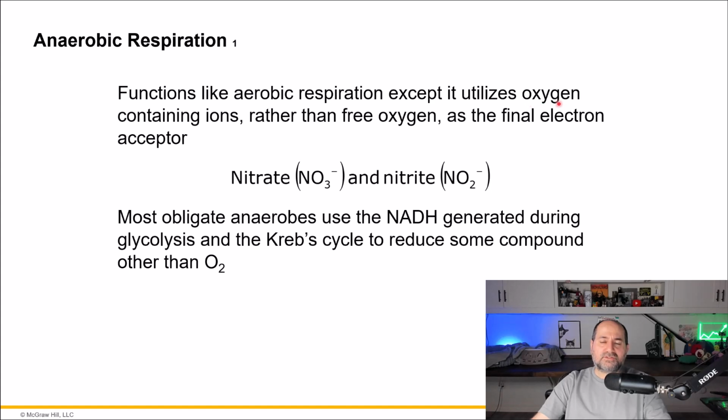Well, instead of oxygen picking up the electrons, it's some other electron-greedy molecule like nitrate or sulfate or CO2. These types of molecules come along and pick up the electrons at the end of that ride. So for instance, nitrate can come along, pick up the electrons from the electron transport chain and become reduced to nitrite. So NO3 becomes reduced to NO2.